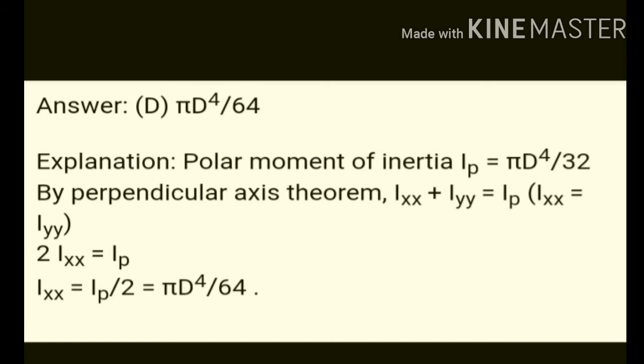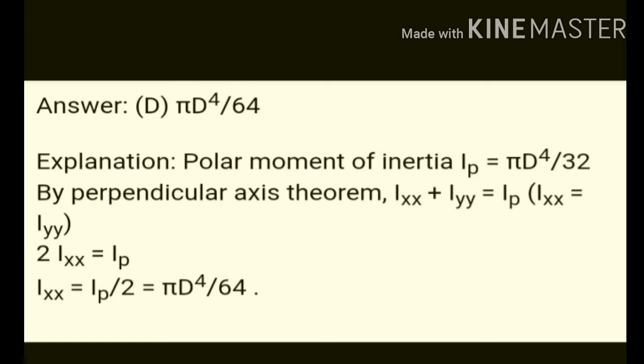You already know from the perpendicular axis theorem, Ixx plus Iyy is equal to Izz, where Izz is nothing but IP. Here it is a symmetrical section, circular is a symmetrical section, so Ixx is equal to Iyy. So you can write 2Ixx is equal to Izz or IP. So therefore Ixx is equal to IP by 2.